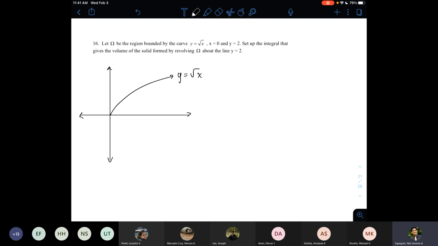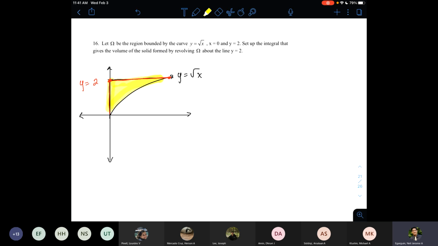And then y is equal to 2, somewhere over here. Okay, and then the x-axis is over here. That's y equals 2. And then the region is bounded by these two curves and x equals 0, which is over there.